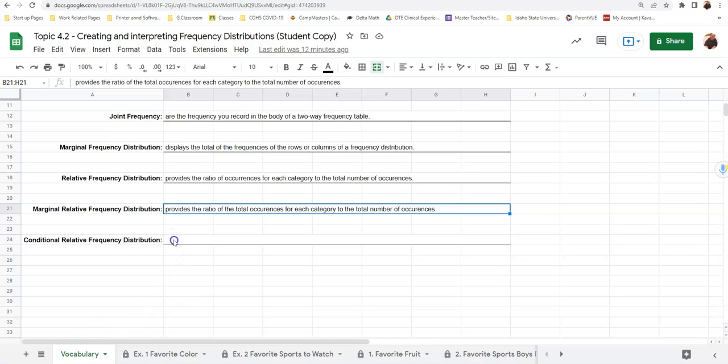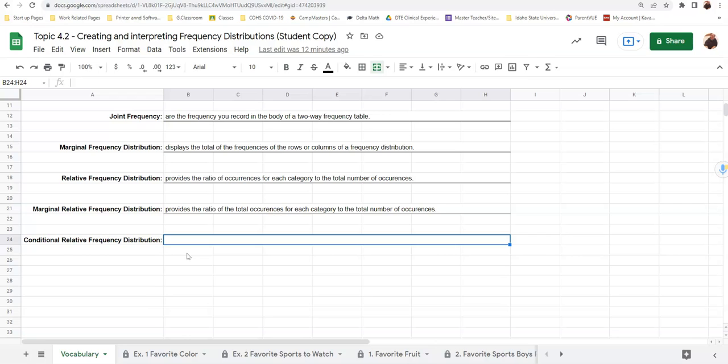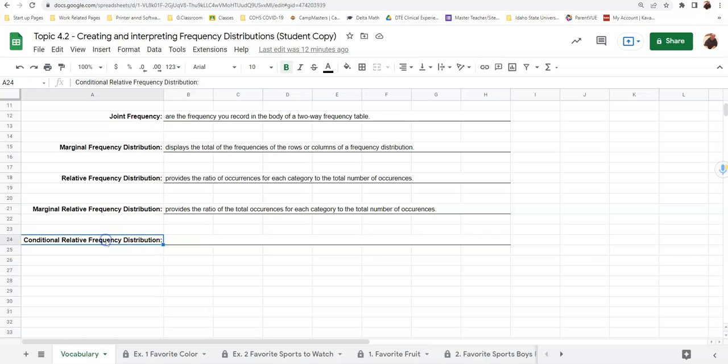So we have one last vocabulary word to fill out. In our vocabulary tab, we're going to fill in the word conditional relative frequency distribution.